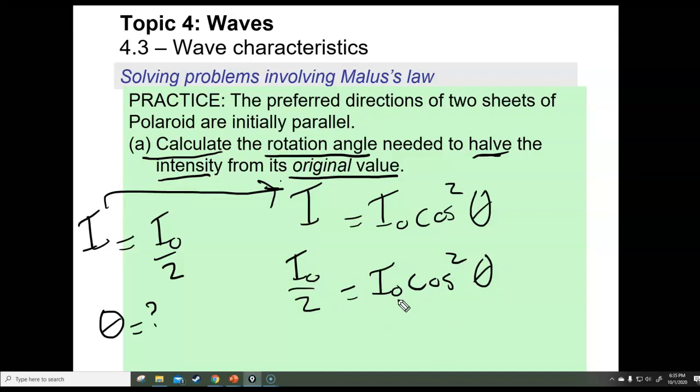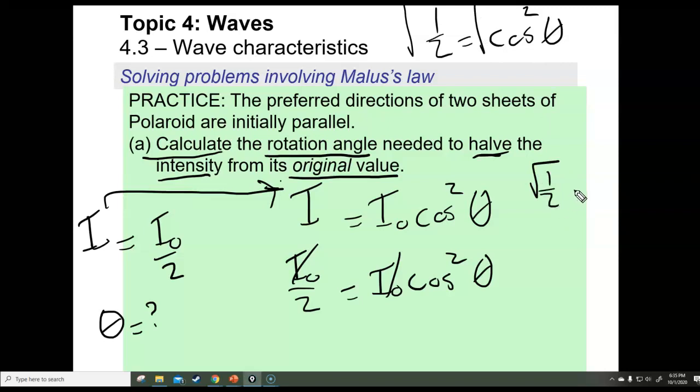Notice because there's an I0 on both sides of the equation, it cancels out. And so what I get is 1/2 equals cosine squared theta. I want theta by itself, but it's stuck inside a cosine squared. I need to get rid of the squared first, so I take the square root of both sides. So I have the square root of 1 over 2 is equal to cosine theta. And then to get theta by itself, I have to take the inverse cosine of both sides.